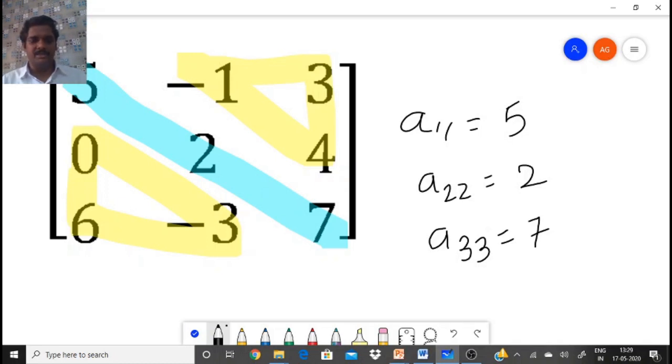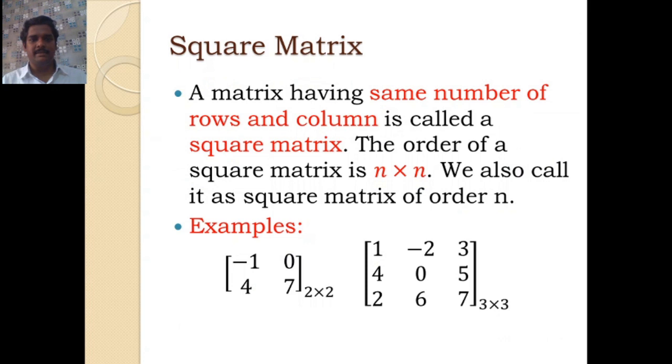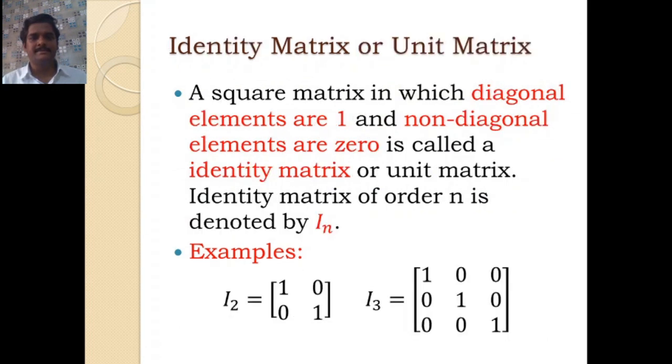So let's proceed with the next type of matrix. The next type is the identity matrix, also known as the unit matrix. What is that? A square matrix in which diagonal elements are 1 and non-diagonal elements are 0 is called an identity matrix or unit matrix.